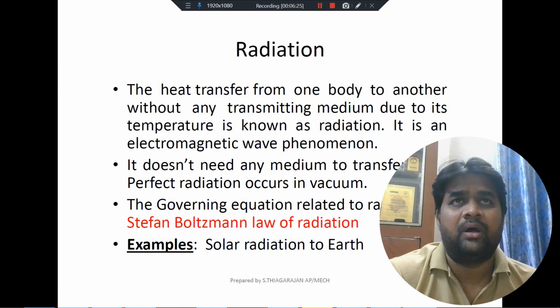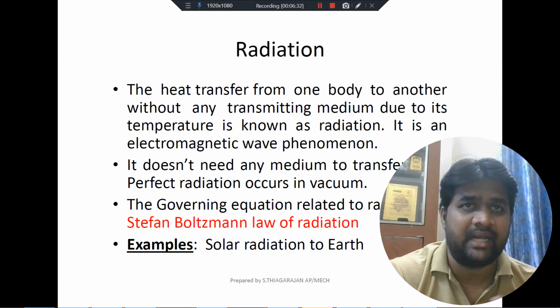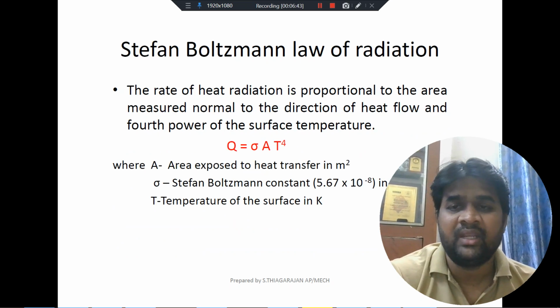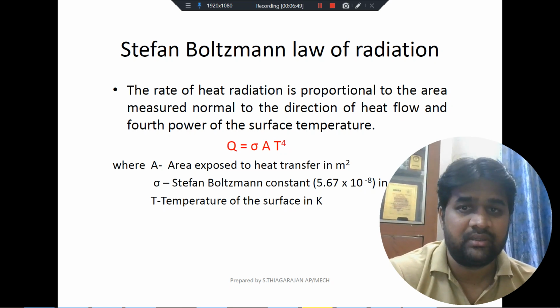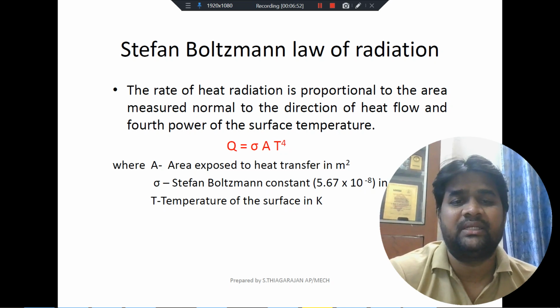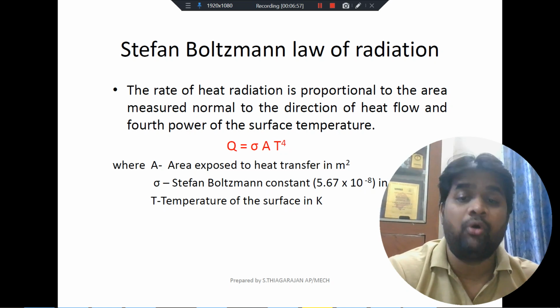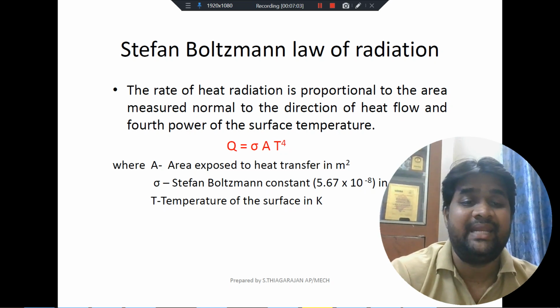The examples are the heat transfer from a light source, and heat transfer from any hot zones such as cooking vessels, the solar lamp, etc. The Stefan Boltzmann law states that the rate of heat transfer through radiation is directly proportional to the area measured normal to the direction of heat flow and the fourth power of the surface temperature, which is denoted as Q is equal to sigma A T to the power 4.